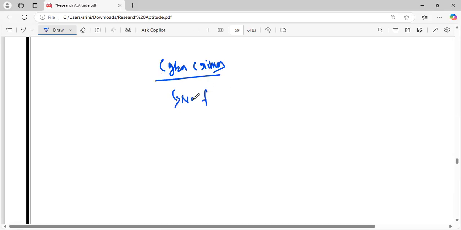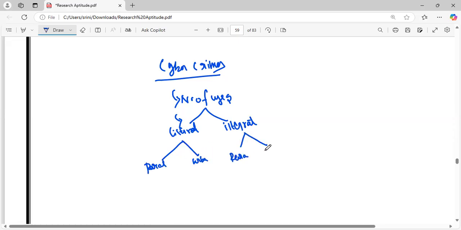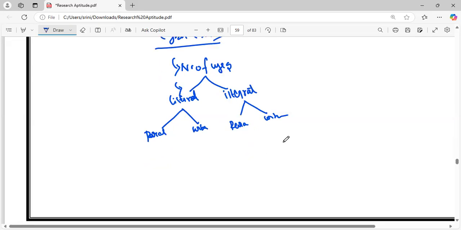Number of samples, number of users, and the users we have to divide into literate and illiterate, and whether they are in rural or urban areas, and then age category. Sorry, first male, female, and again male, female.